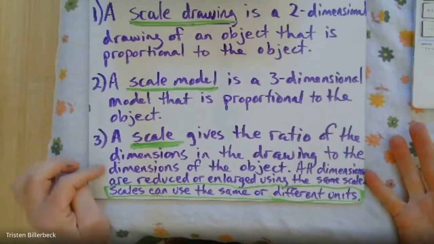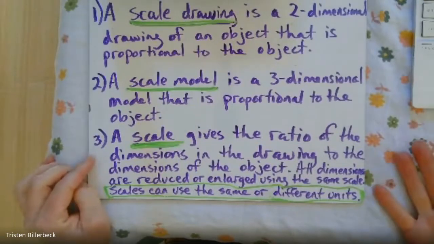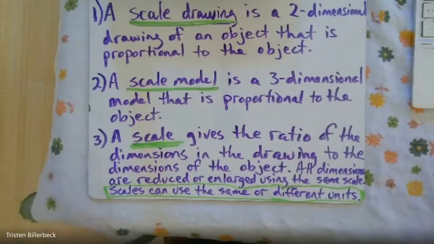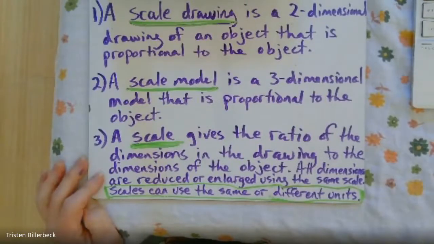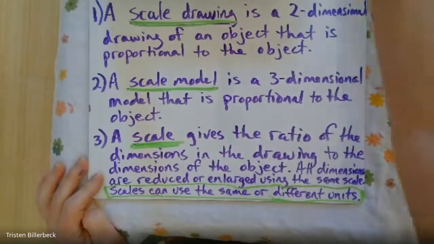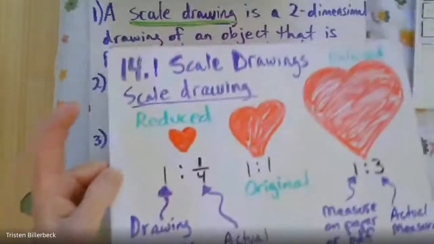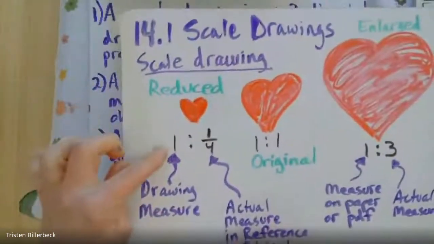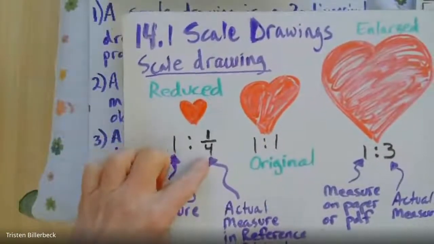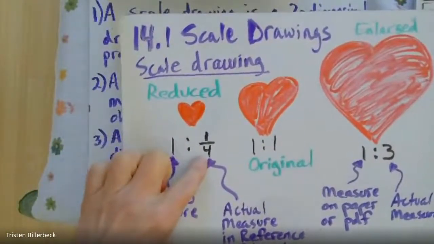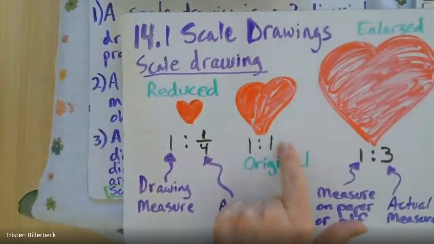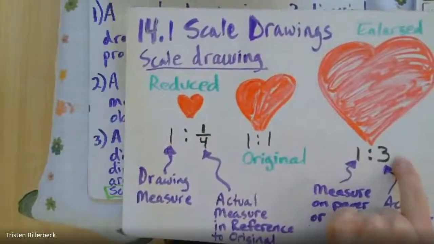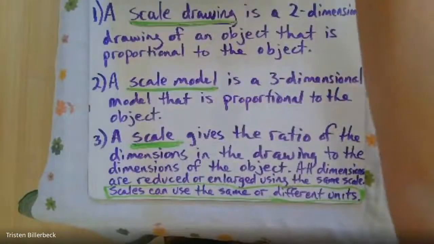Okay, a scale, which is what you're learning right now, gives a ratio of dimensions in the drawing to the dimensions of the object. Okay, so this is the dimensions of the drawing to the dimensions of the actual object. So this is 1/4 of the actual object versus this is the same as the actual object, and this is 3 times bigger than the actual object.